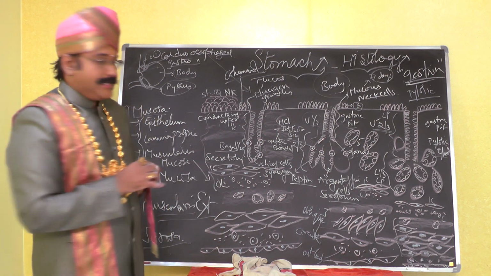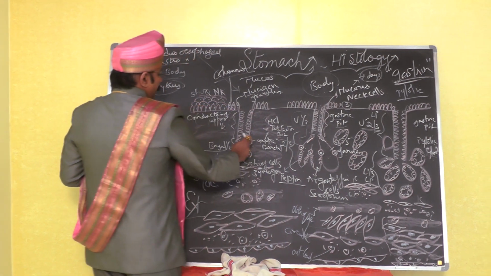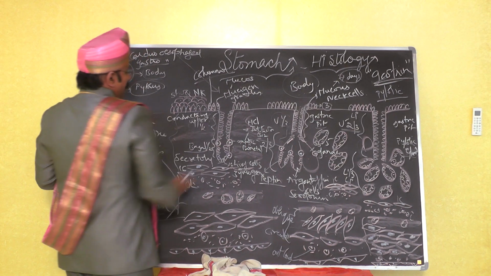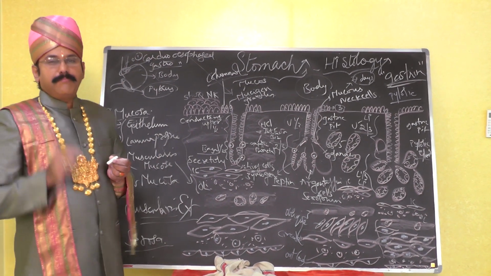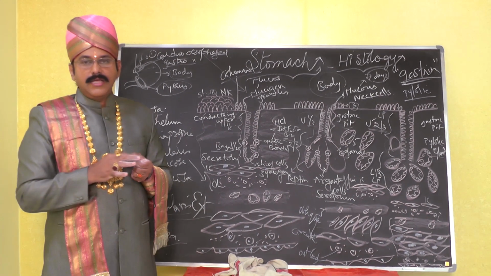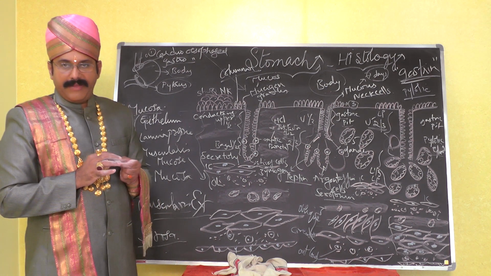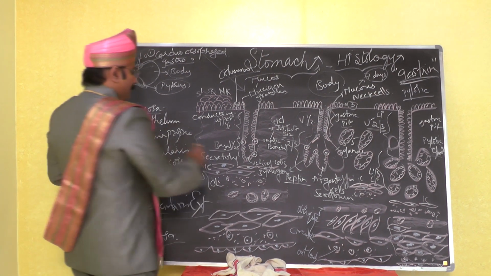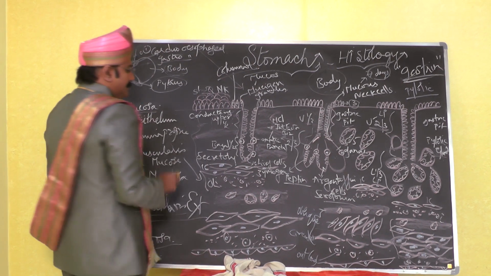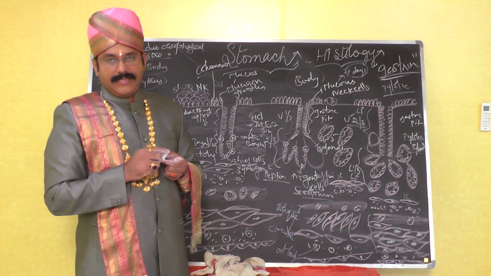Predominantly you have 2 types of cells. One is oxyntic cells or the parietal cells. You see it is coming beyond the margin of the basement membrane and giving a beaded appearance, because of this oxyntic or parietal cell, which produces the hydrochloric acid and also the intrinsic factor for the absorption of vitamin B12. And the second type of cell you have are the chief cells or the Zymogen cells, also called peptic cells. These produce pepsin.